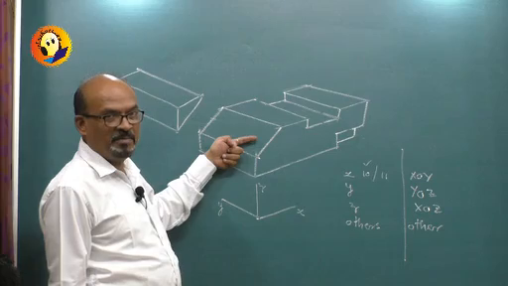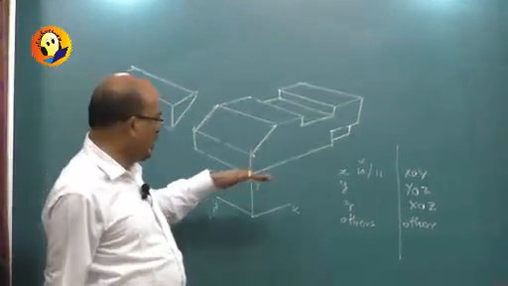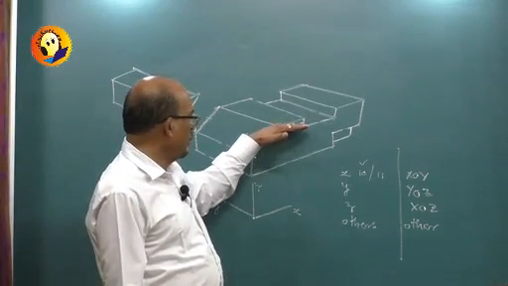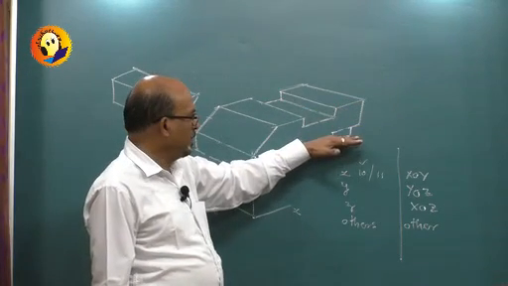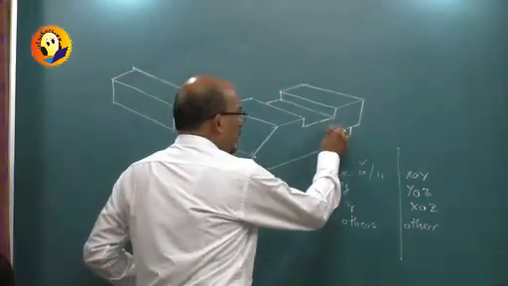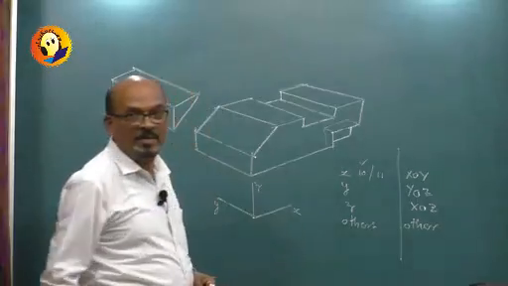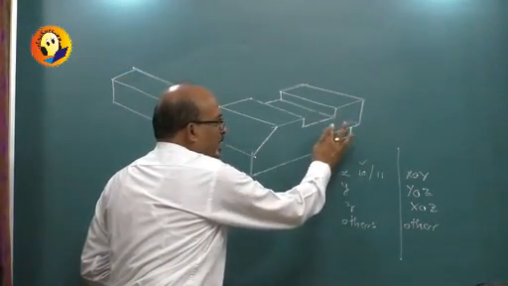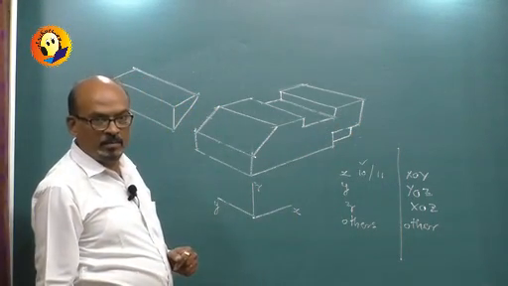We can think the other way around. Let us consider only the front plane. 1, 2, 3, 4, 5, 6, 7. So 11.